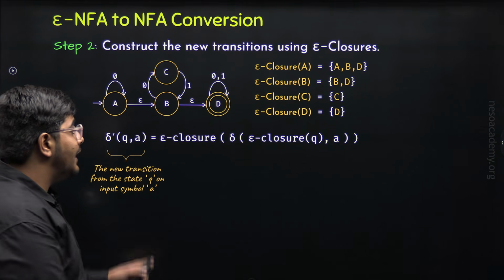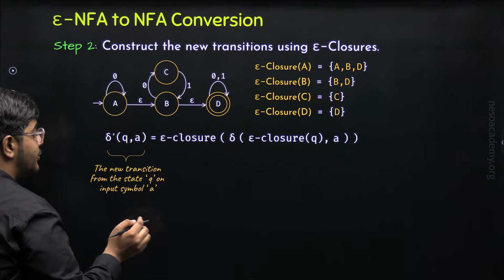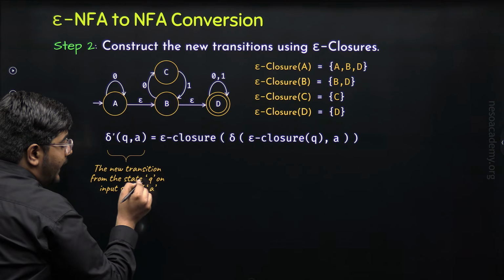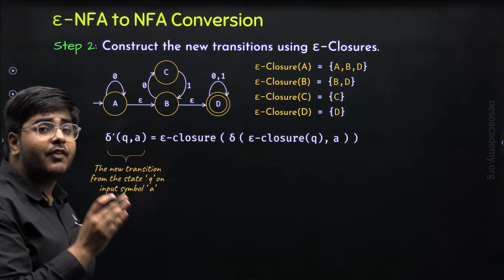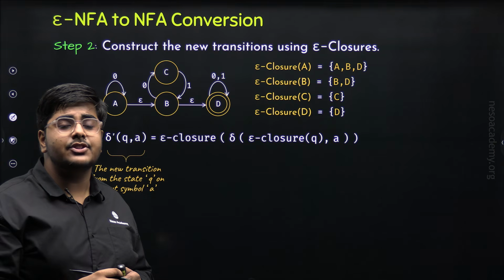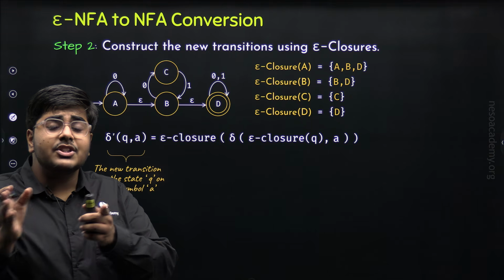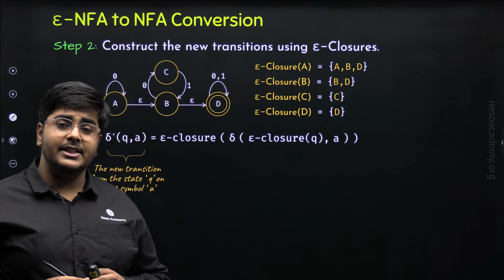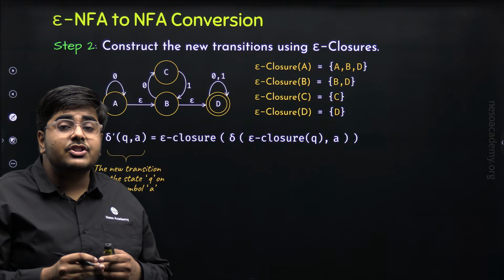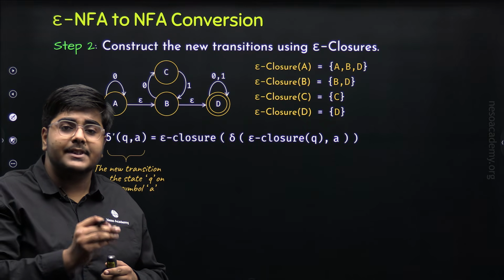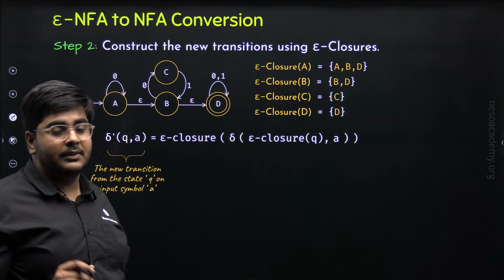Now let's understand the right-hand side of this formula. If a machine wants to read the input symbol A from the state Q, then the machine can first read any number of epsilon transitions, then the machine will read the input symbol A, and again the machine can read any number of epsilon transitions. So before and after reading the input symbol A, the machine can go through all possible epsilon transitions. And that's what is represented by this formula.